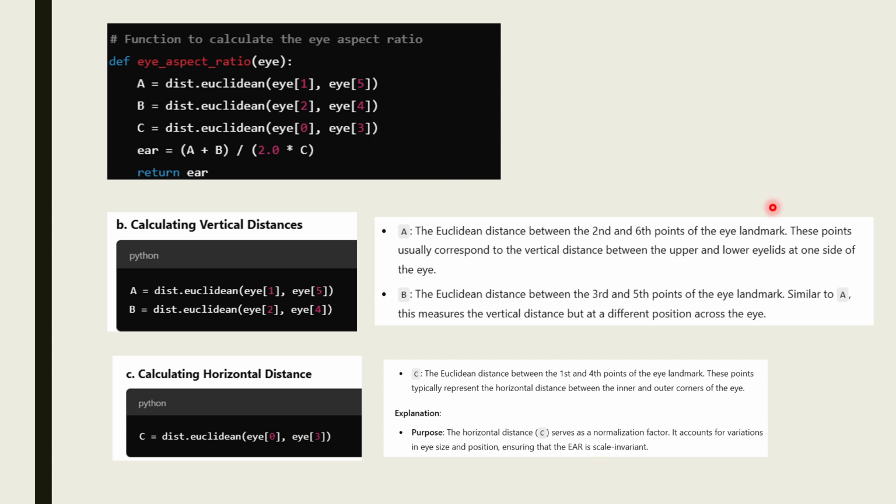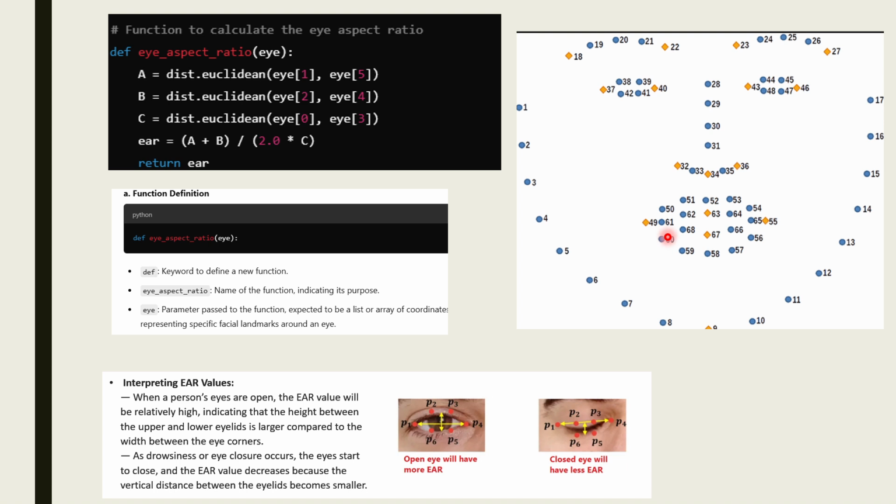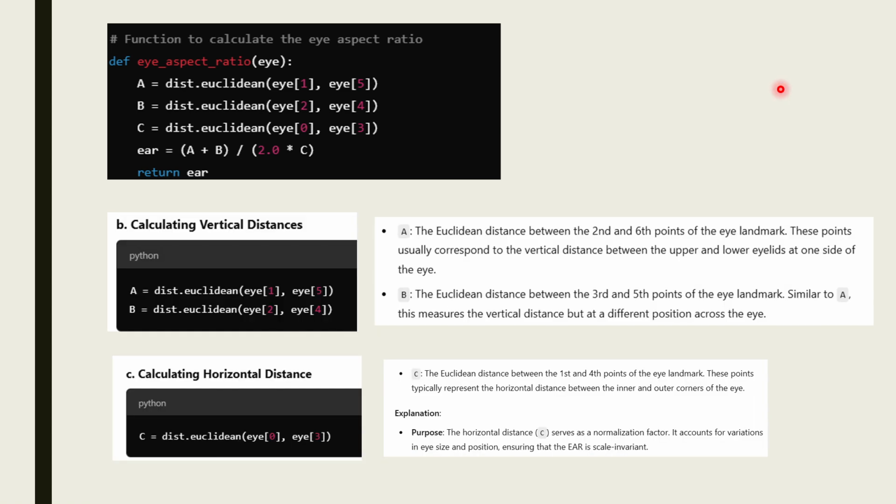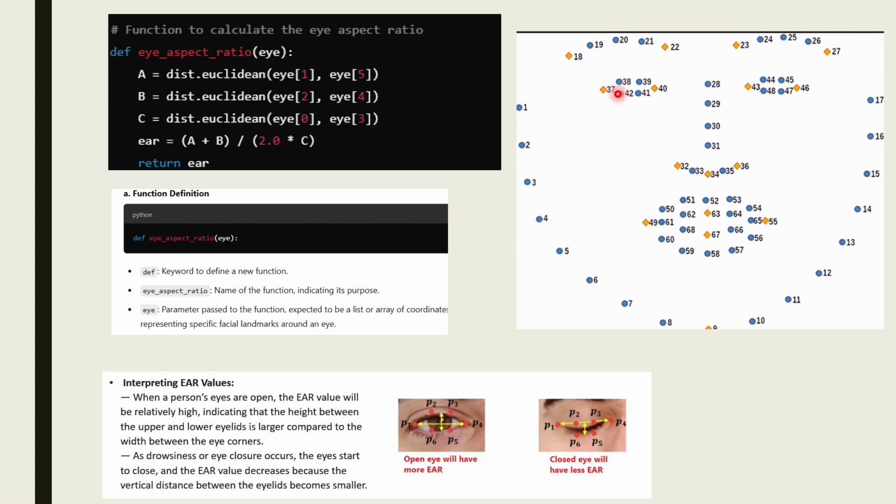You can read more detail in these lines about what A corresponds to. A corresponds to the Euclidean distance of the second and sixth points of the eye landmark. So what are the second and sixth landmarks? It is this one. And what is the Euclidean distance of the third and fifth landmarks? The third and the fifth is this one.